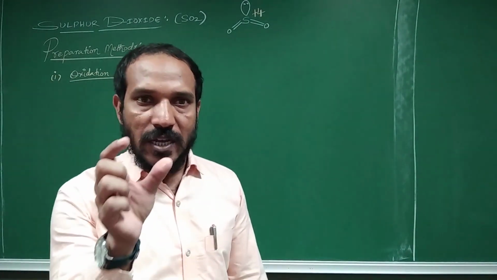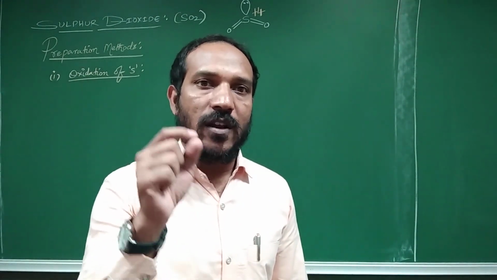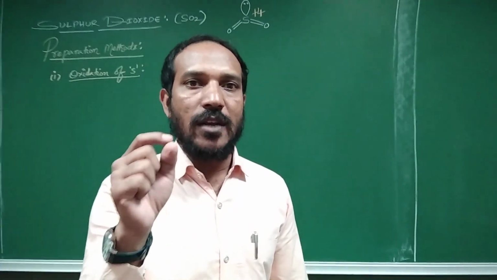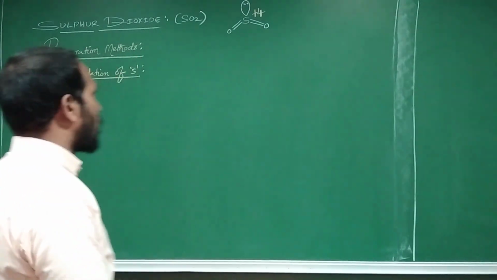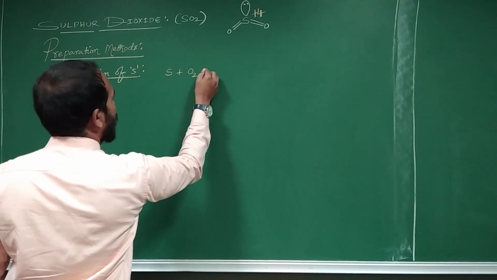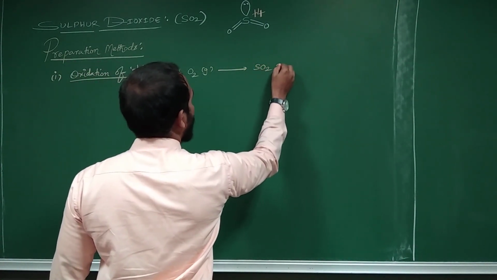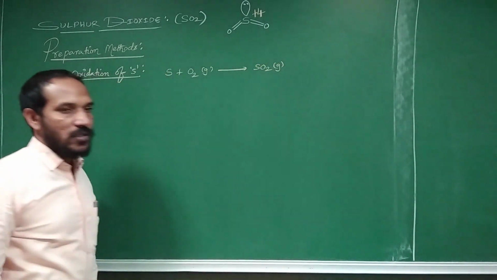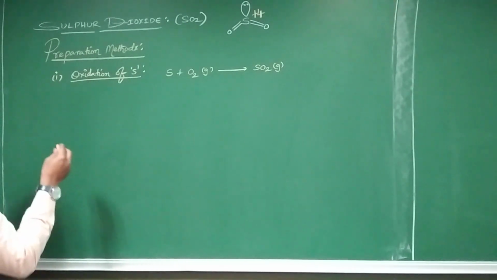Apart from sulfur dioxide, a little amount of sulfur trioxide, such as 6 to 8% sulfur trioxide, can also be formed in this reaction. So when sulfur is treated with oxygen gas, it forms sulfur dioxide gas. This is one of the preparation methods for sulfur dioxide.